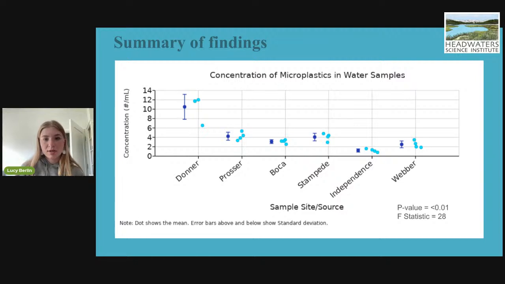This was the summary of my findings, the concentration per sample, and the p-value was less than 0.01, which indicated that my results were significant.